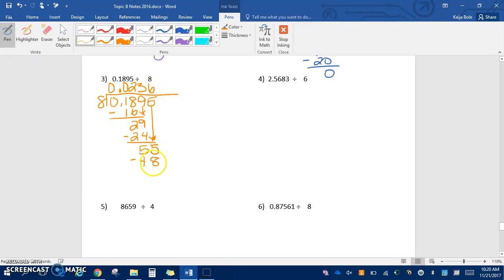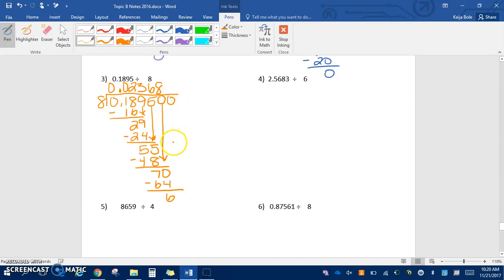So we subtract 48, and we are left with 7. We're going to have to add a 0 and bring it down. How many whole groups of 8 go into 70? 8 whole groups, and 8 times 8 is 64, so we subtract 64. We are left with 6.